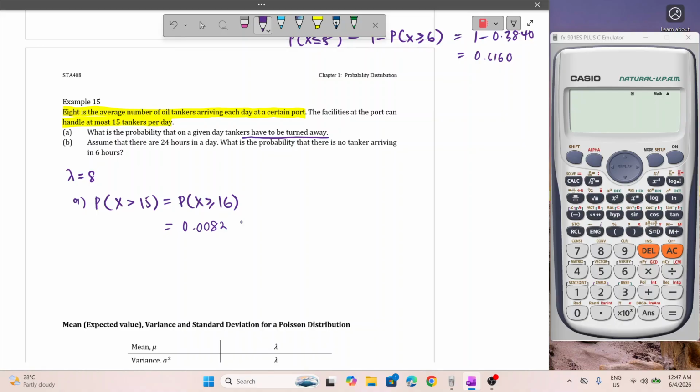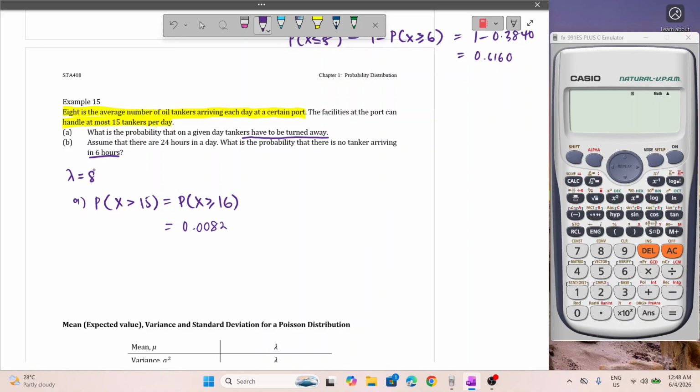What is the probability that there is no tanker arriving in 6 hours? Remember again, it is the same as in the previous question in example 14, but this time instead of multiplying the mean value, we need to divide the mean value.